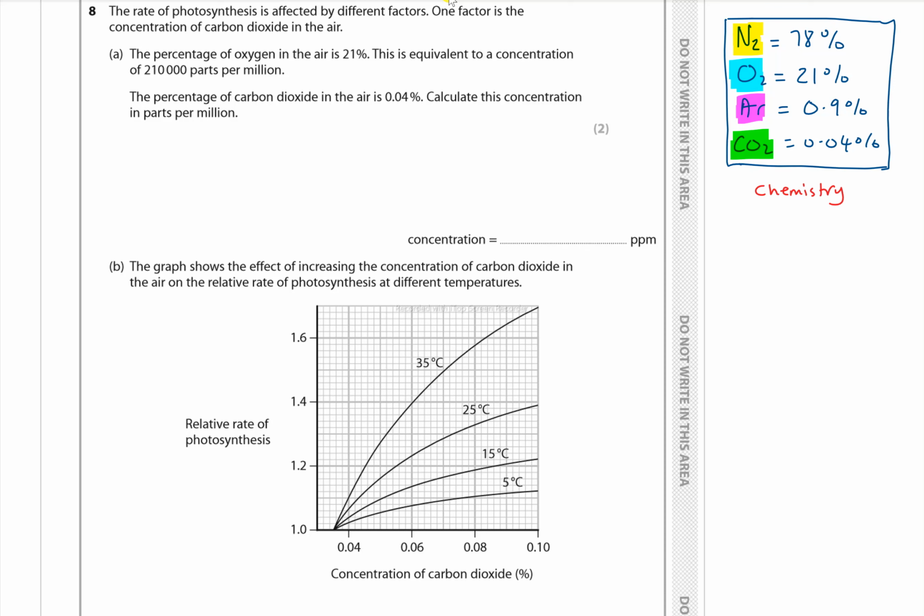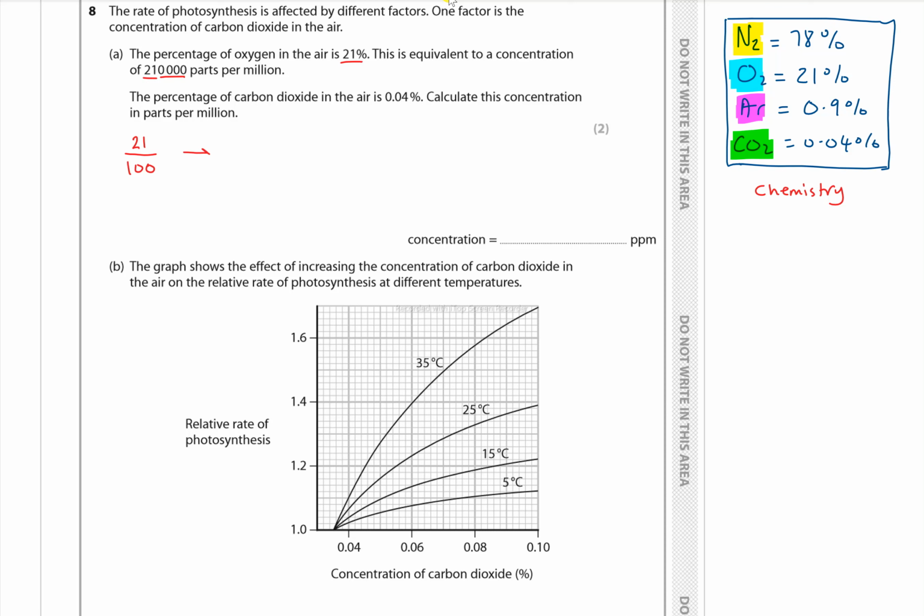Right, they've said the percentage of oxygen in the air is 21%, which is equivalent to 21 and then 4 zeros parts per million, so 210,000 parts per million. So look, this is how they've done that. 21%.